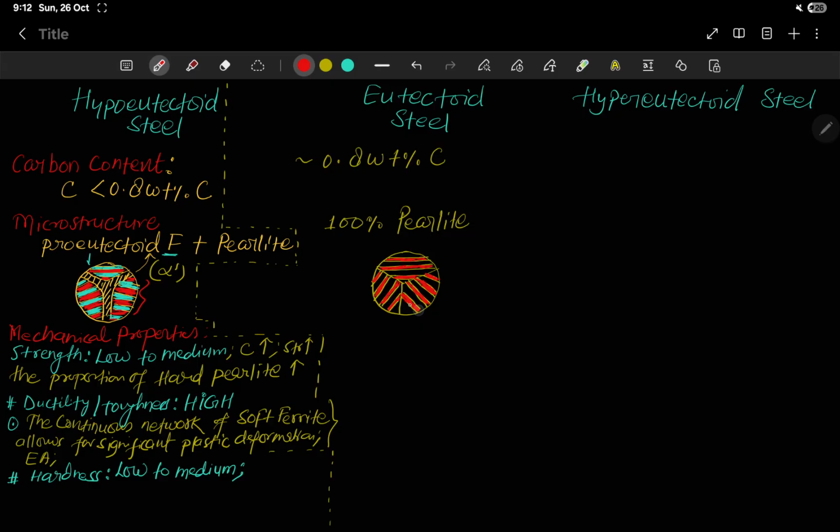If you search nacre microstructure on Google, you will get a combination of hard and soft phase. Here the hard phase is cementite and the soft phase is alpha ferrite. This magenta color represents the alpha ferrite region.